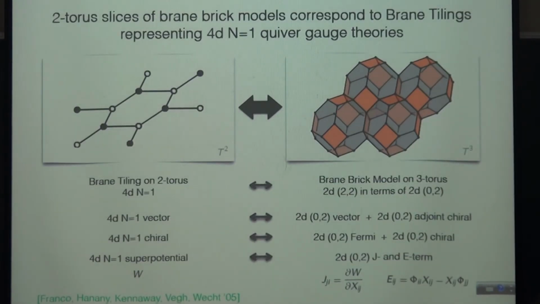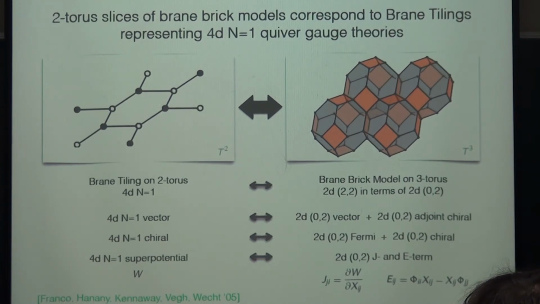In fact, an application I want to touch upon here is that we can dimensionally reduce 4D N=1 theories to 2D 2,2 theories. And these 2D theories can be expressed in terms of 2,2 language. And in fact, 4D N=1 theories corresponding to Calabi-Yau spaces have been studied extensively in terms of NS5 brane constructions, which are known as brane tilings by Hanany and collaborators.